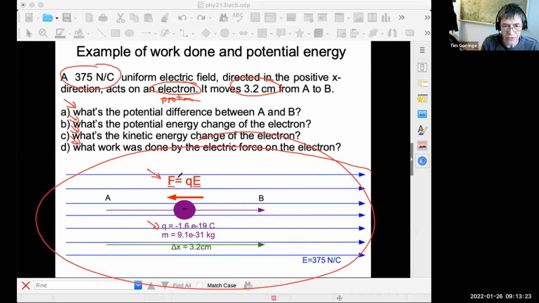A negative charge will experience a force opposite the direction of the field lines by the field equation, F equals QE. That's because when you plug the field and the charge into the field equation, you're plugging in either a positive or negative charge, which either keeps the force in the same direction as the field or reverses the direction of the force.